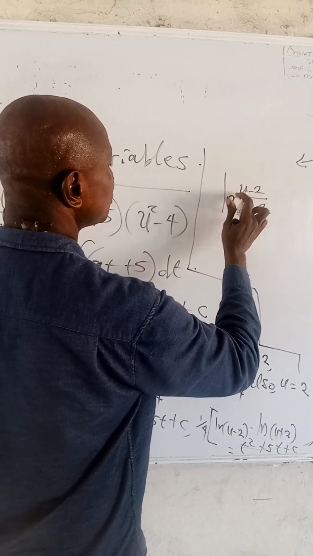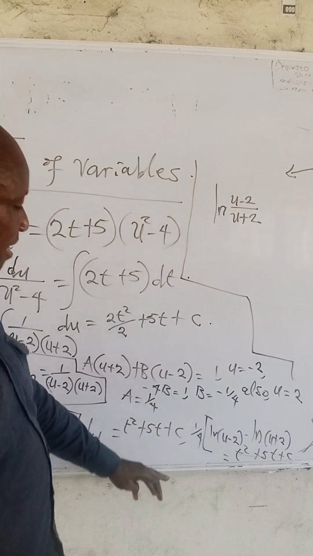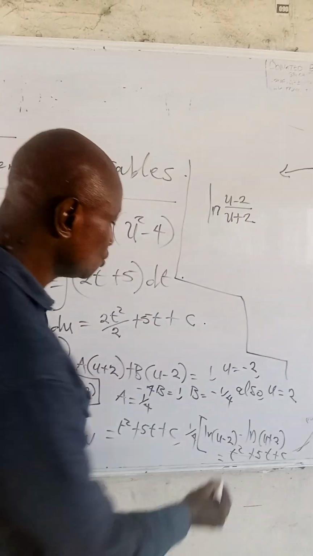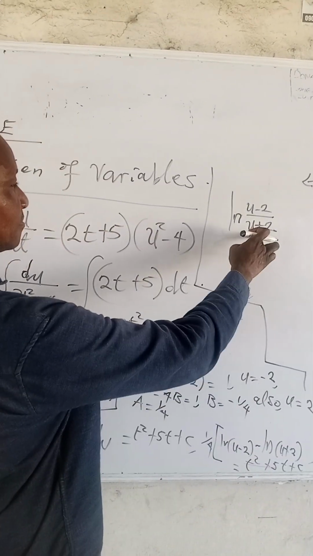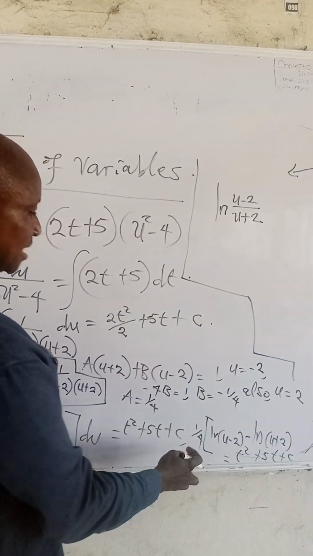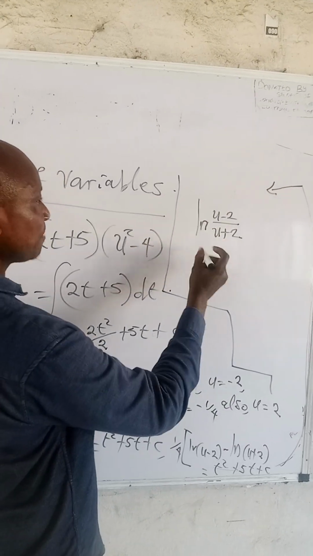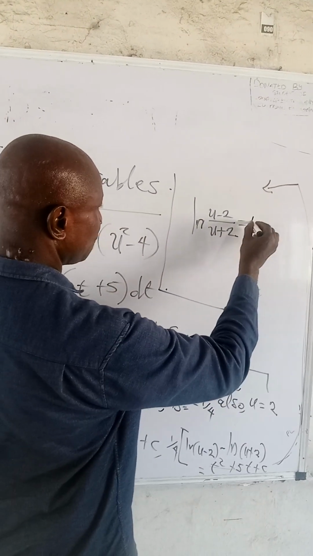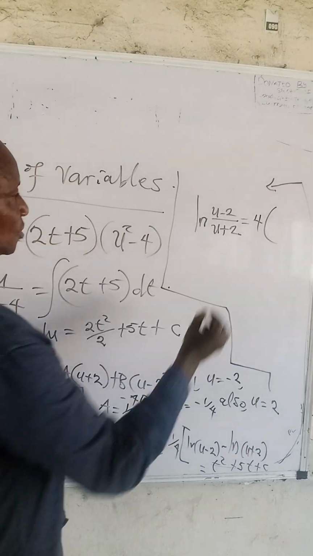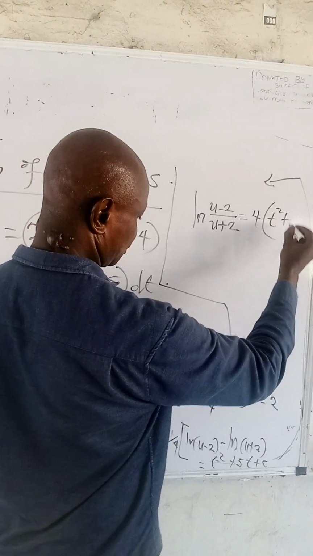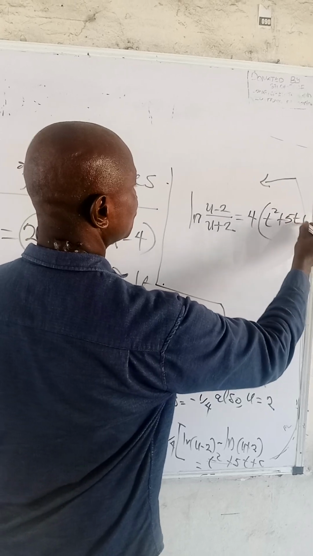We are taking a single natural log out of the two, and we now have this relationship. That is to say, the 1 over 4 that is here, we multiply through by 4, and that gives us 4 times (t squared plus 5t plus c).